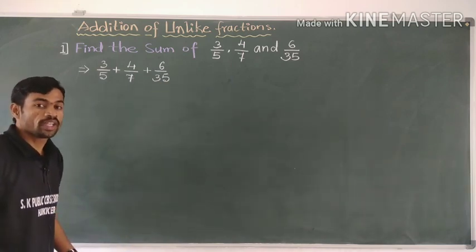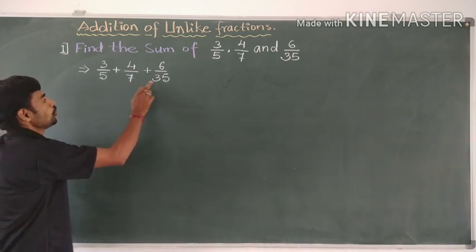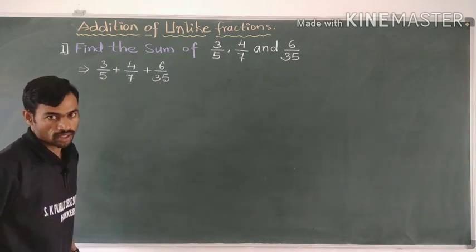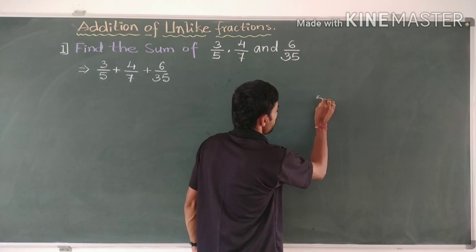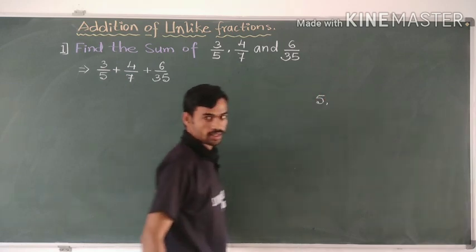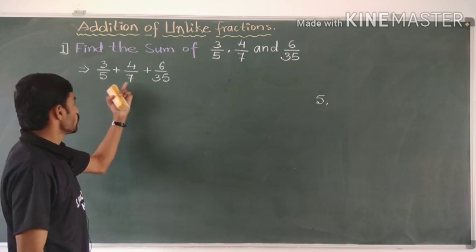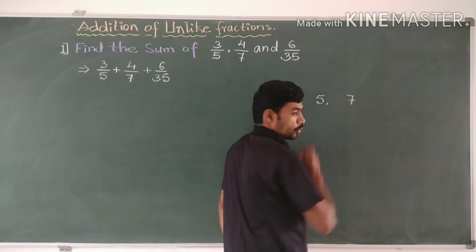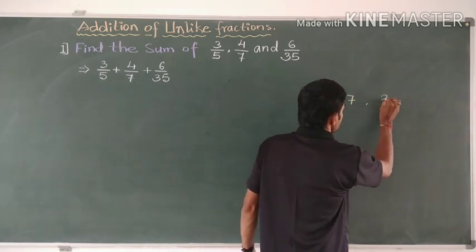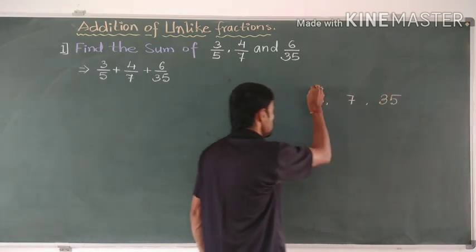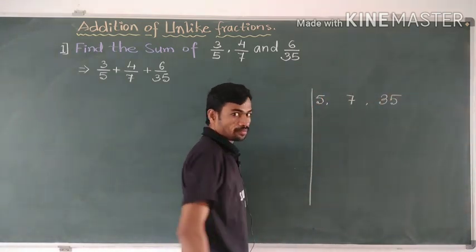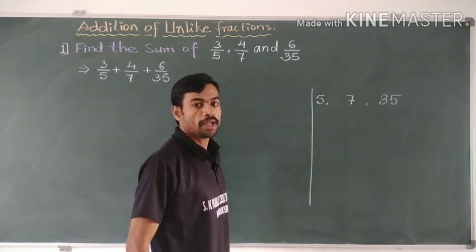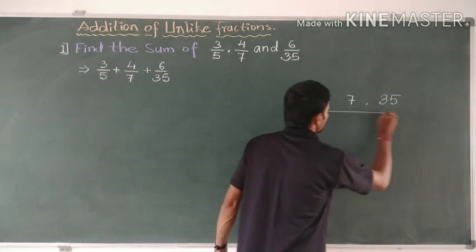So what we need to do is find the LCM of the given denominators: 5, 7 and 35. You already know how to find the LCM by the prime factorization method.